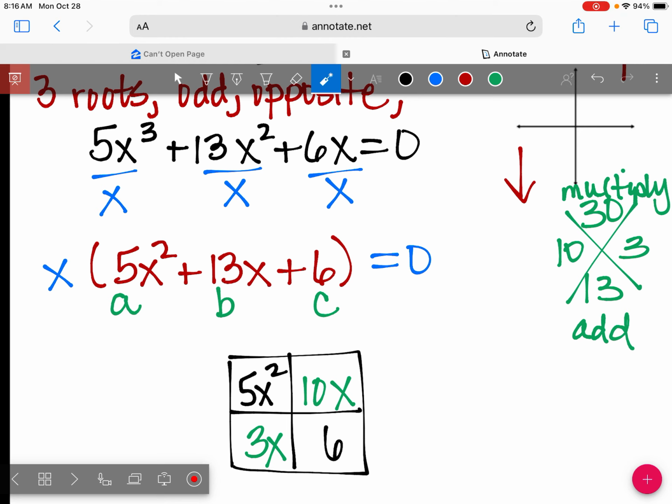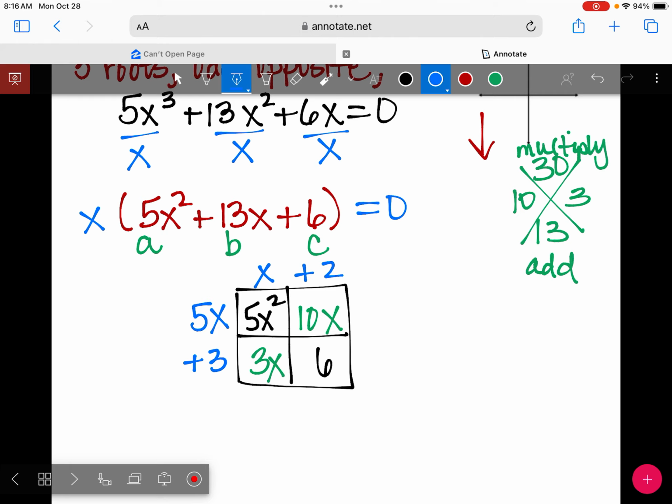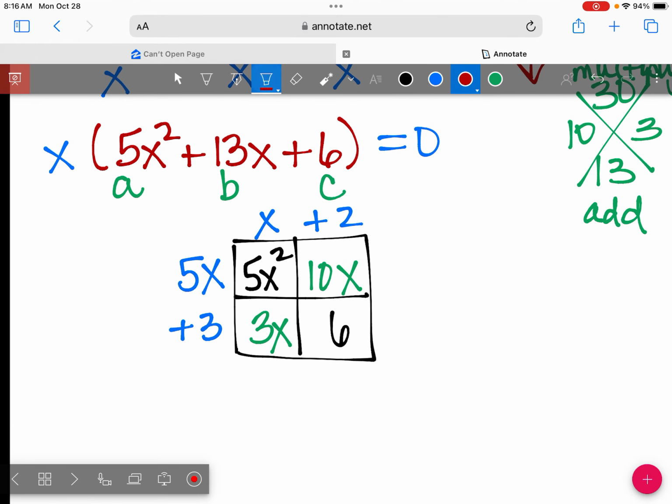So in the top row, 5x squared and 10x can both be divided by 5x. And then we have a 3. And then I have an x, and then I have a 2. So my factors are x, x plus 2, and 5x plus 3.